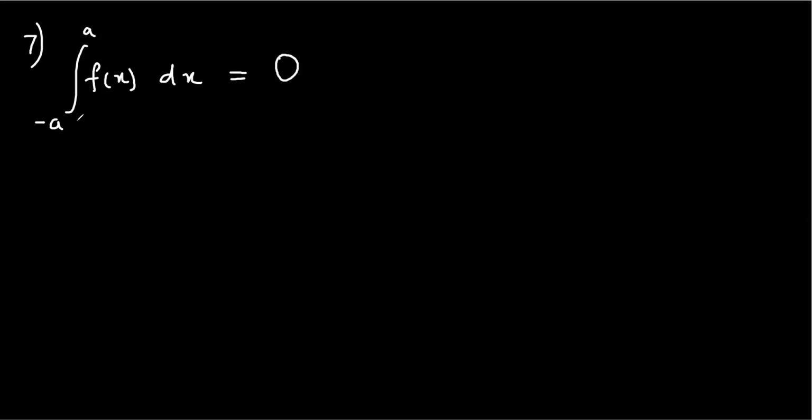What does it say? It says that the integral from negative a to a of f of x dx will be equal to 0 if f is an odd function.